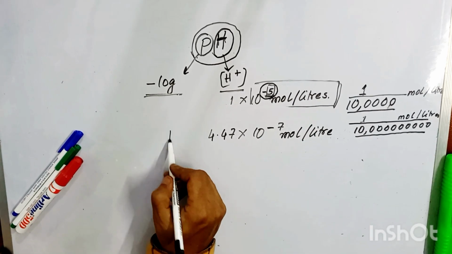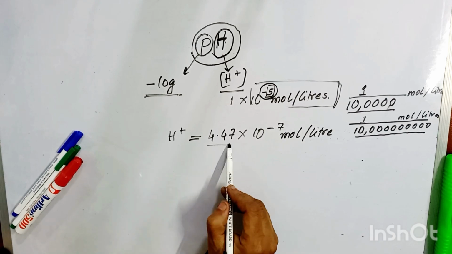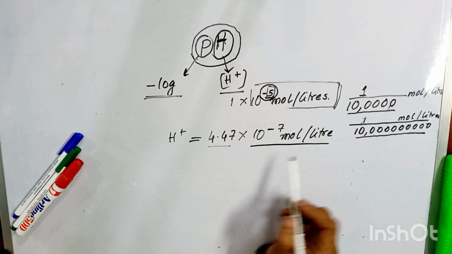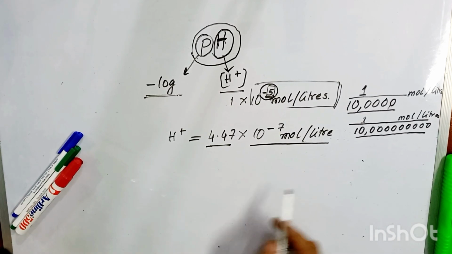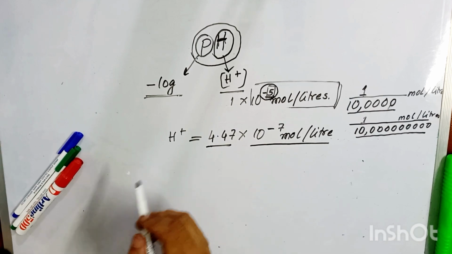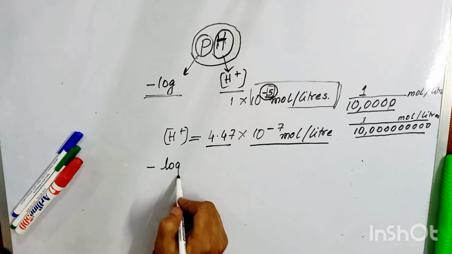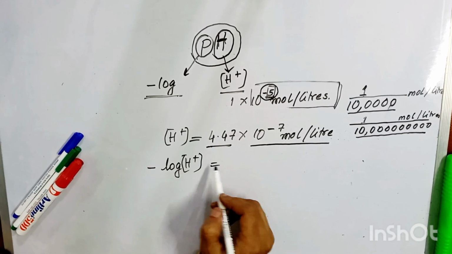This is the hydrogen ion concentration that I have written here. Now how do you interpret this on a pH scale? What is pH? It is just the negative log of the hydrogen ion concentration. So I take the negative log of this hydrogen ion concentration.